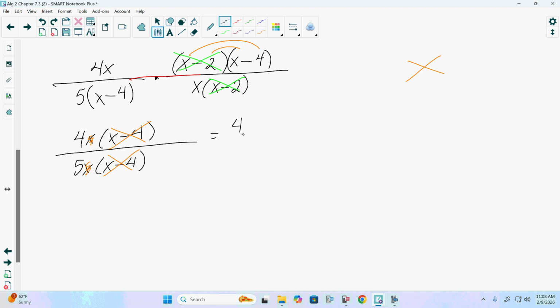X and x cancels, telling us that we have 4/5. We will still get to the same spot. We will still get to the same answer. It's just a little bit less writing. Questions on any of this here?